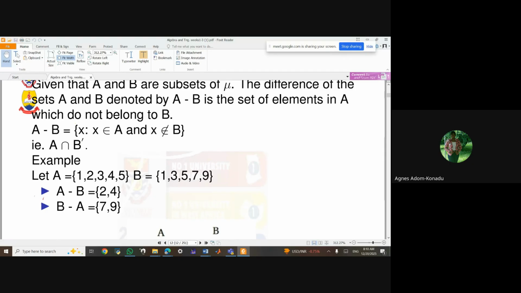A difference B is the same as A intersection B complement. Yes. And then B difference A will be A complement intersection B. Okay.